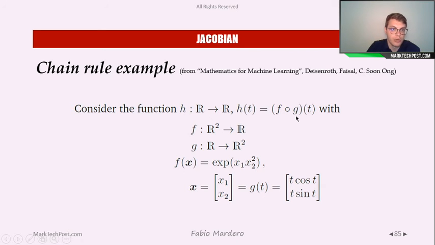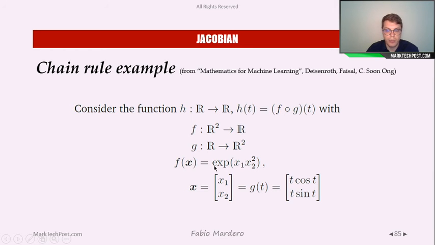That's why we are using the chain rule: we are referring to a composition of two functions. So g takes a real number and gives us a vector of two components. Then f takes these two components and returns a real number.